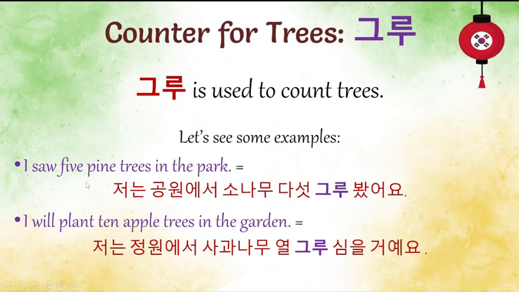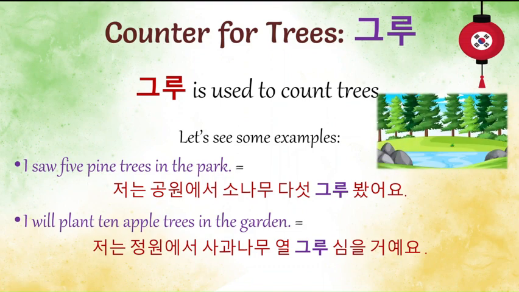Look at these examples to understand how to use it in sentences. I saw 5 pine trees in the park. 저는 공원에서 소나무 5그루 봤어요. Here, I is 저는, park is 공원. Pine tree, 소나무.